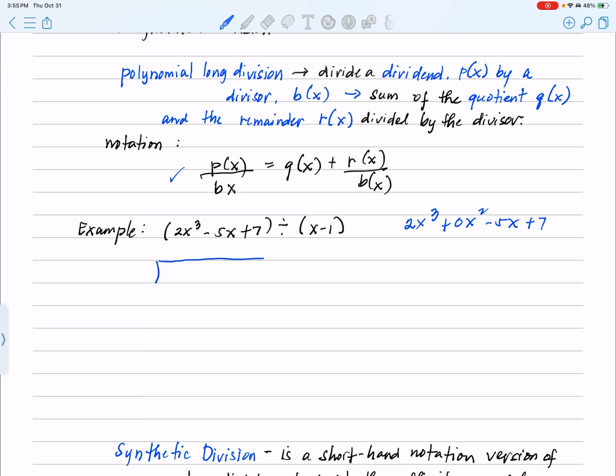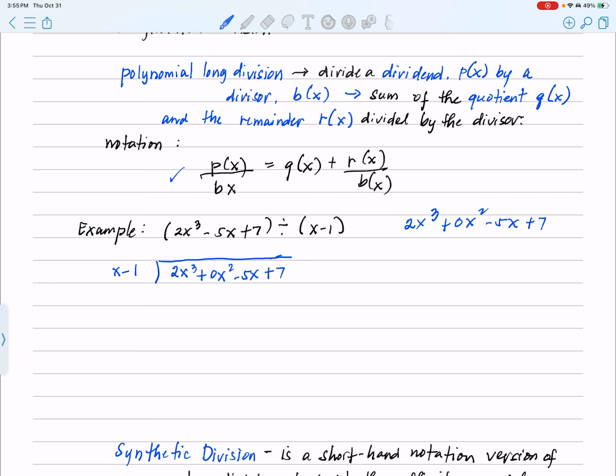Let's have the sign for division and write down your dividend inside: 2x to the third power plus 0x squared minus 5x plus 7. And then our divisor is outside the sign, which is x minus 1.